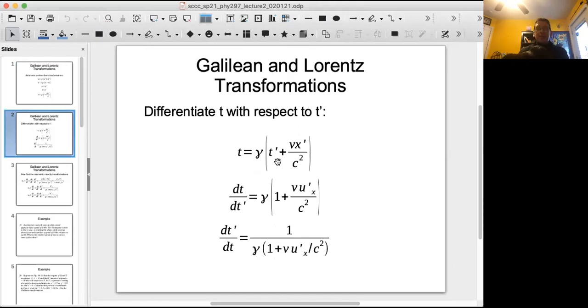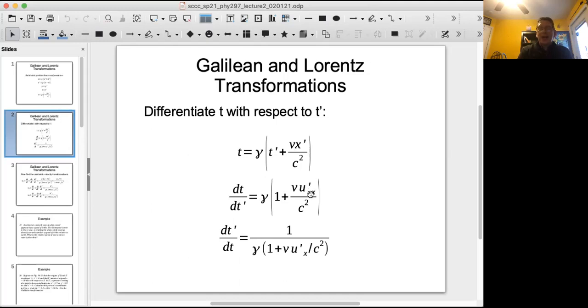So you have the derivative of t with respect to t prime. Gamma doesn't change. The t prime becomes a 1. And you have v, and then you're taking the derivative of x prime with respect to t prime, and that's equal to u prime x.